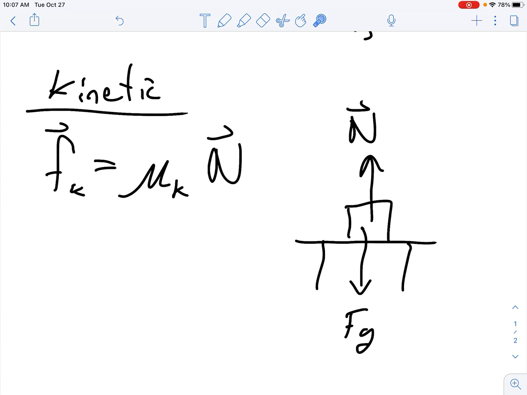Rubber dragging across concrete would give a different coefficient, and concrete dragging across glass yet another. So the coefficient is just a number determined by what two materials are rubbing against each other, and you can look it up in a table in your textbook. When we do a problem in class, I'll show you where those tables are.